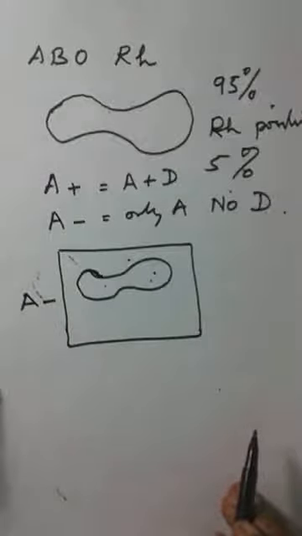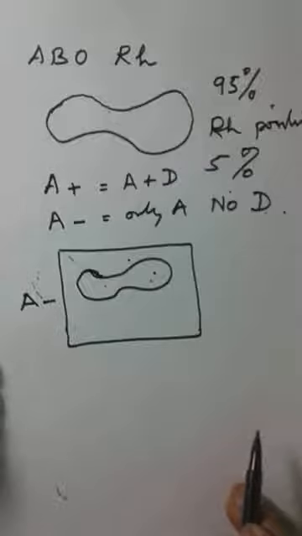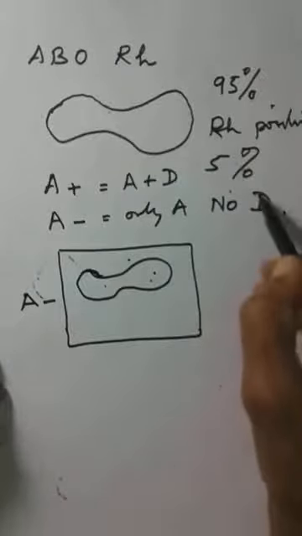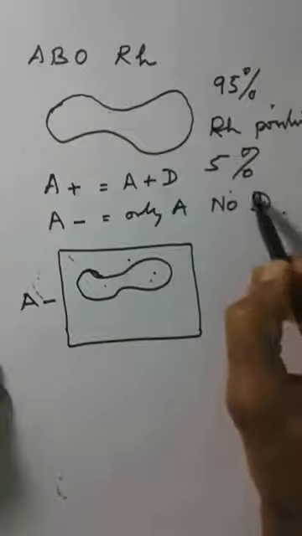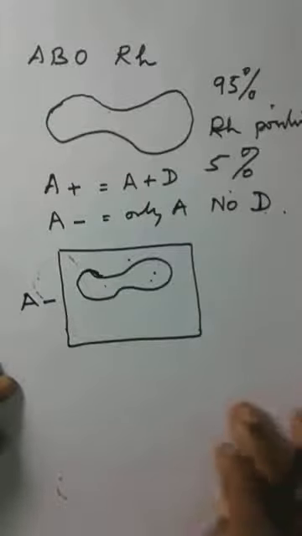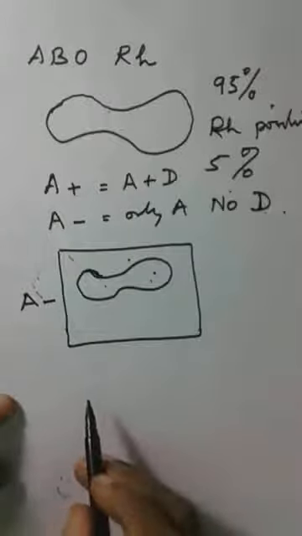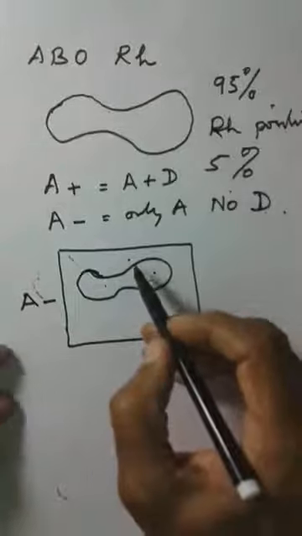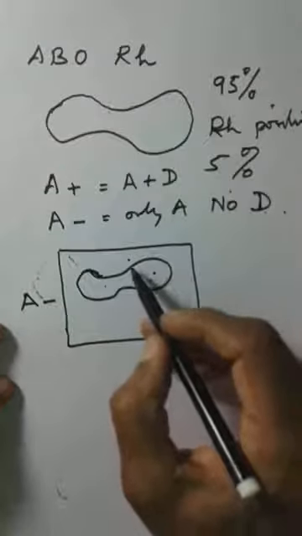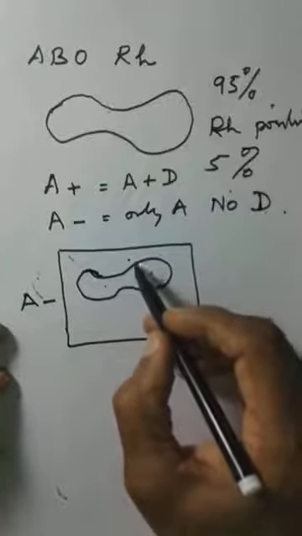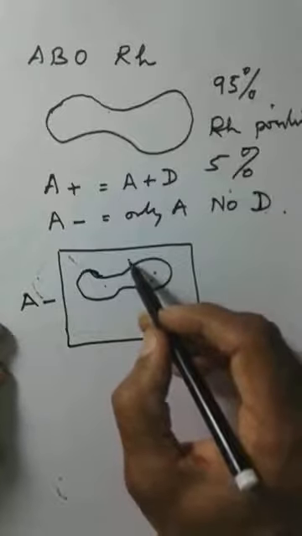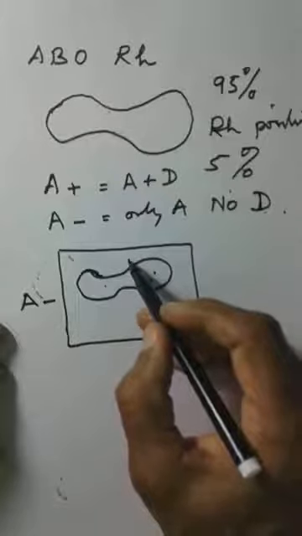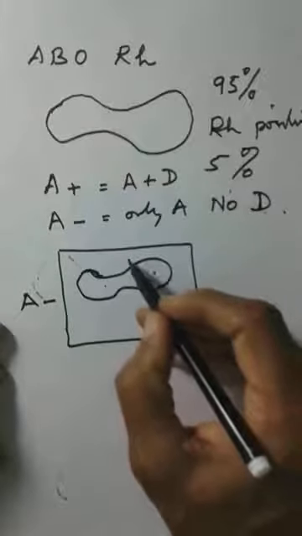And now I will tell you regarding the D antigen. This D antigen normally has 4 epitopes.